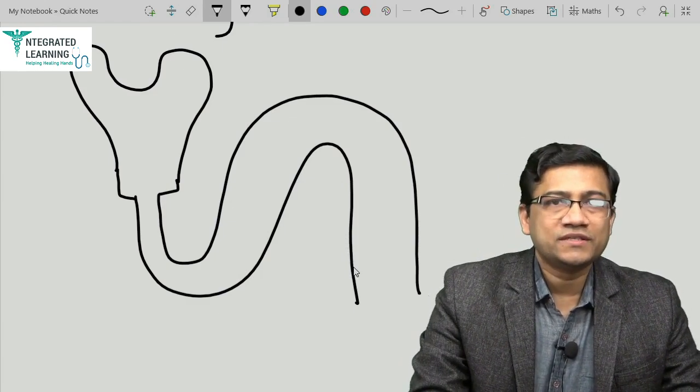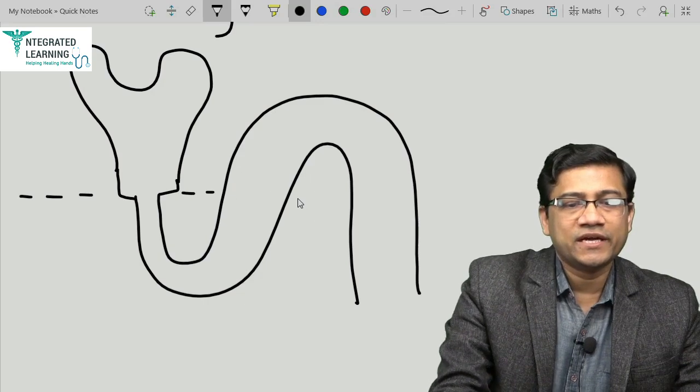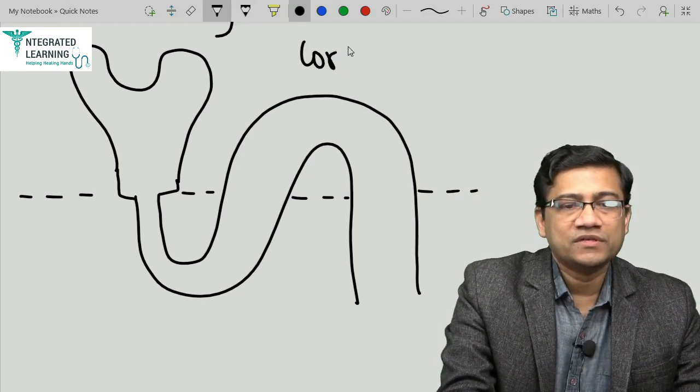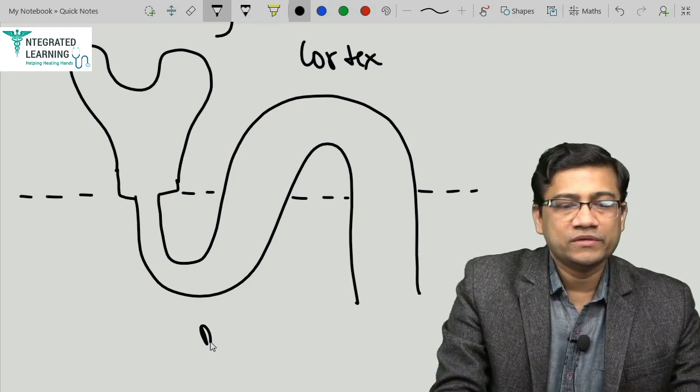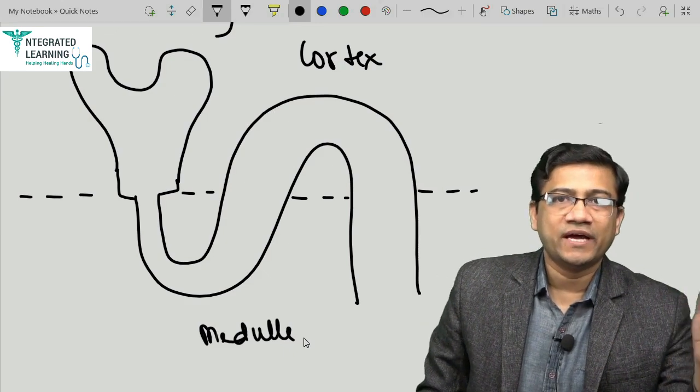The above half is the cortex part and the below is the medulla. So the nephron lies in both cortex and medulla.